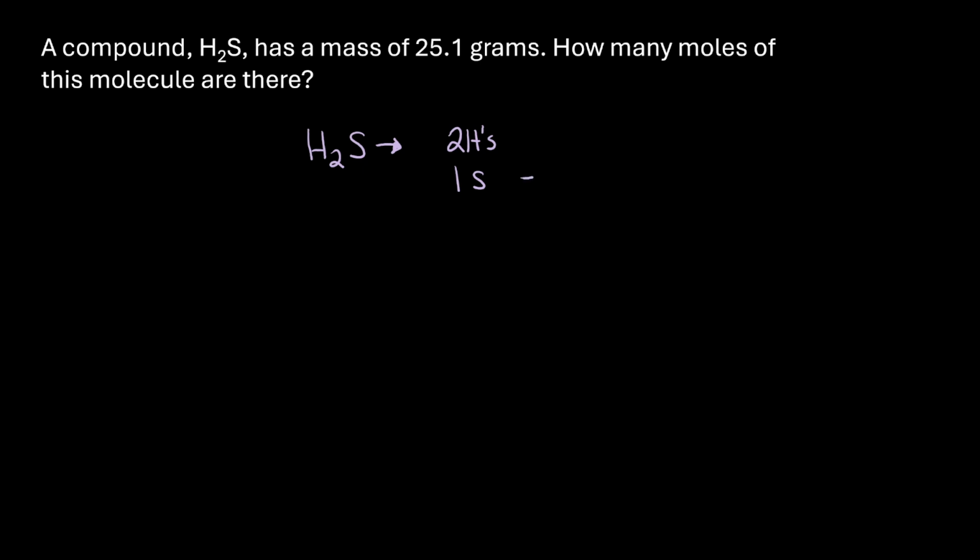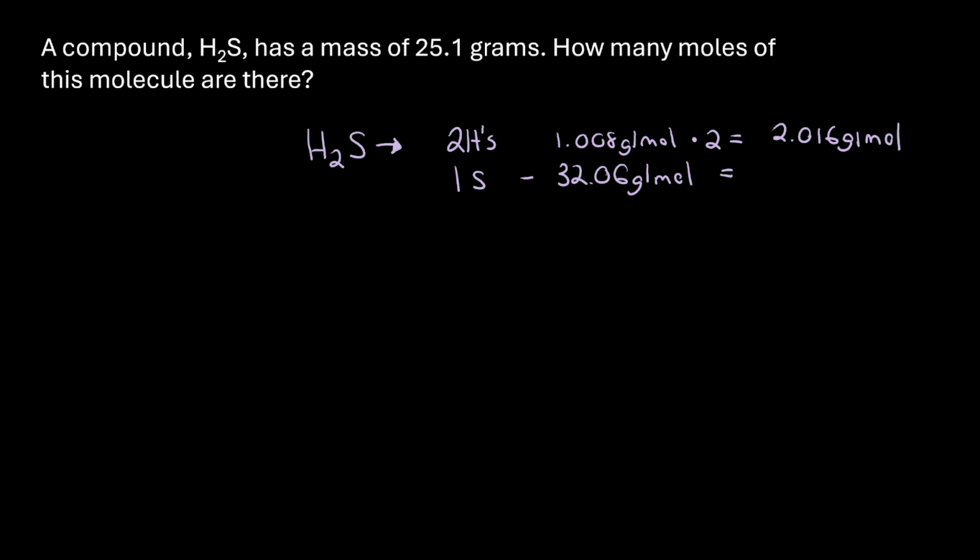So for sulfur, our molecular weight is 32.06, and our hydrogen would be 1.008. But now since we have 2 hydrogens, we're going to want to multiply it by 2, and you should get 2.016 grams per mole.